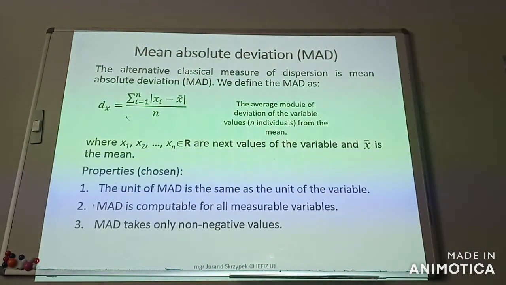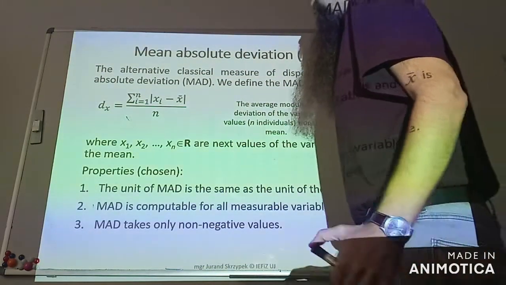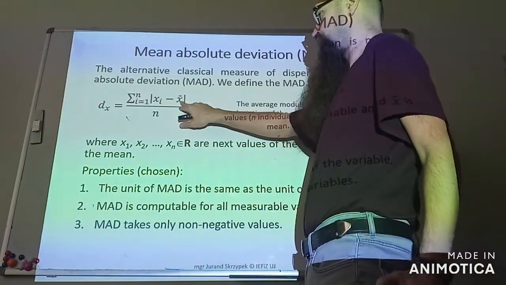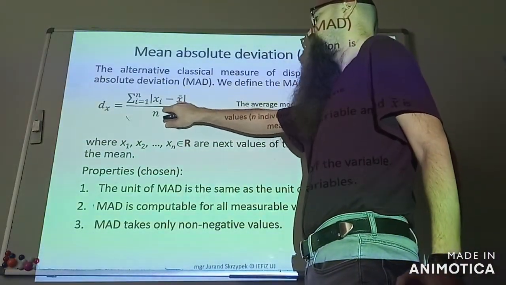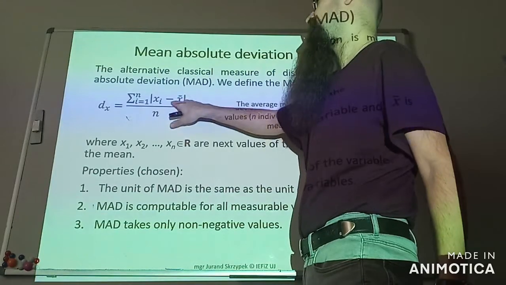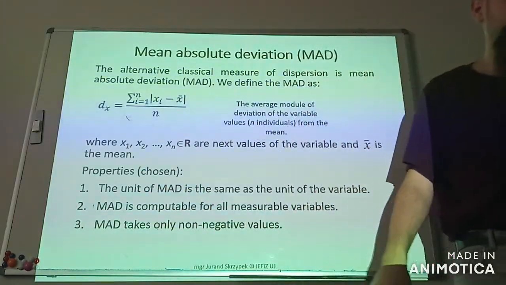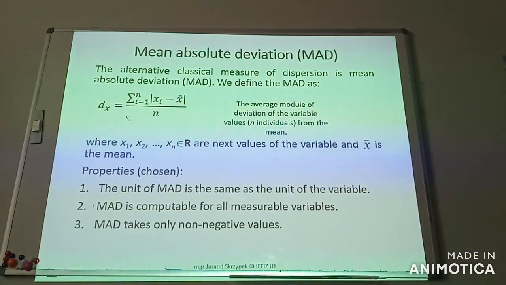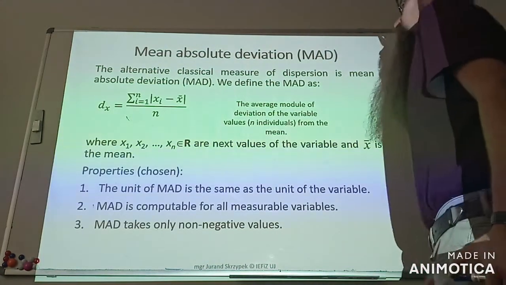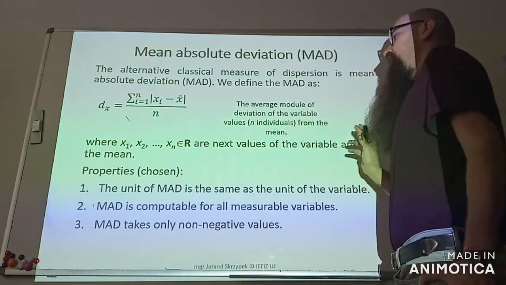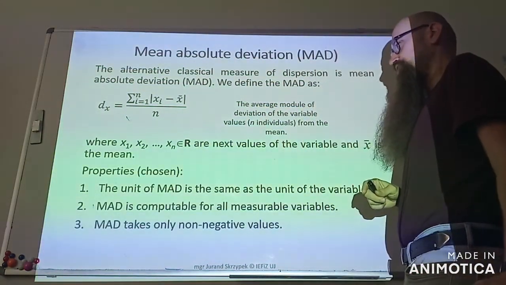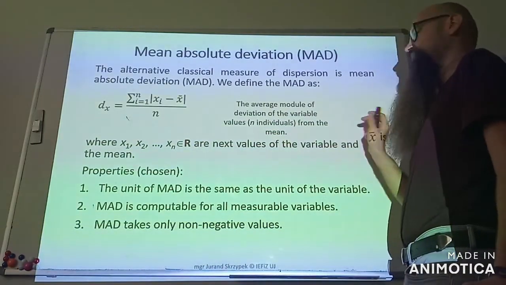But one thing remains the same. Here we subtract the arithmetic mean from the values of the variable. Our measure indicates the average module of deviation of the variable values from the mean.